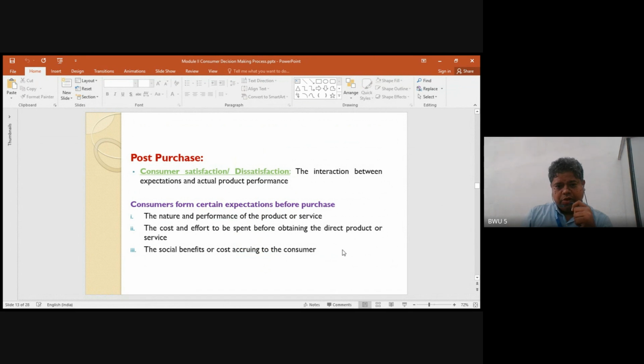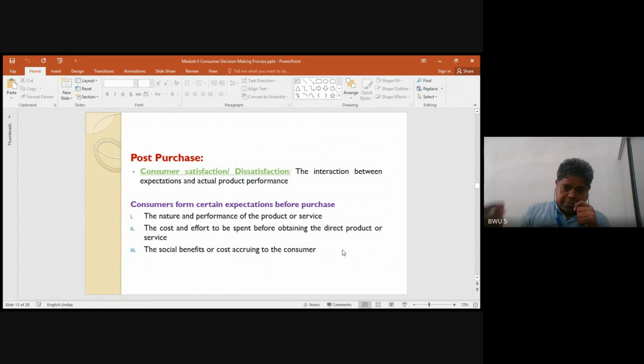We start evaluating whether the performance of the product meets our pre-purchase expectations. If yes, we are likely to be satisfied. Otherwise, not. So this is the case of consumer satisfaction and dissatisfaction. It's a post-purchase phenomenon.